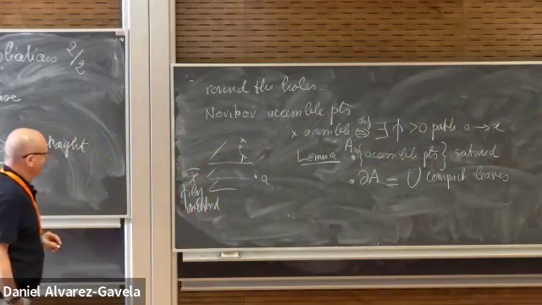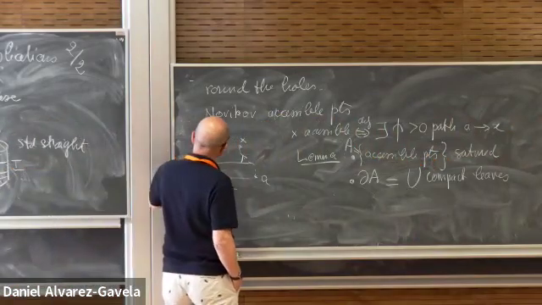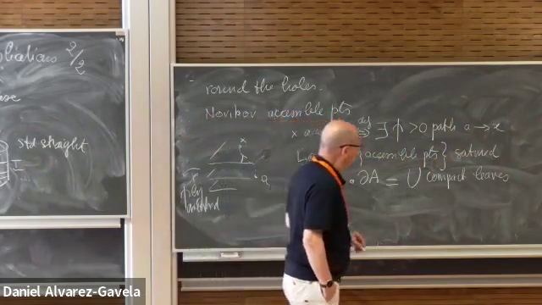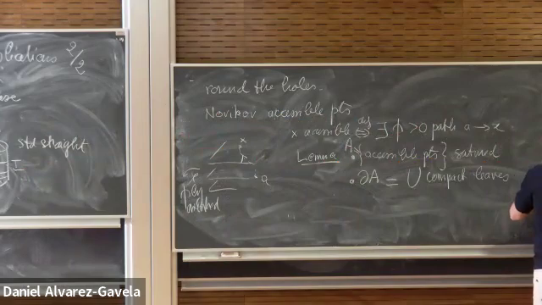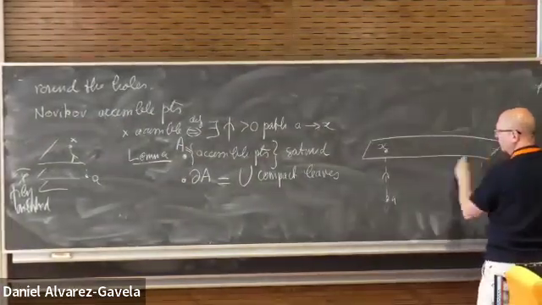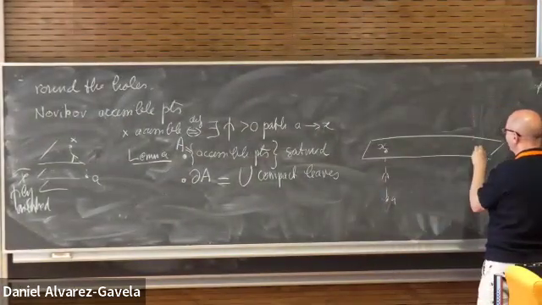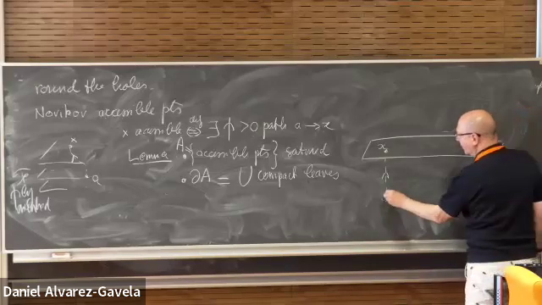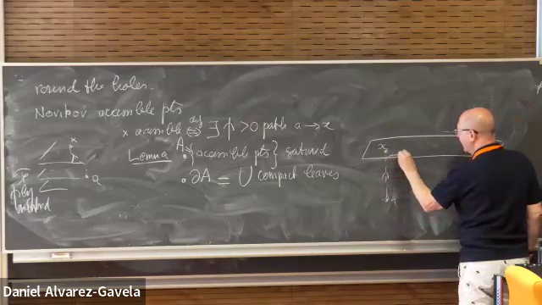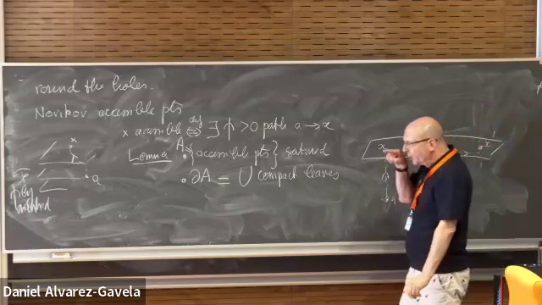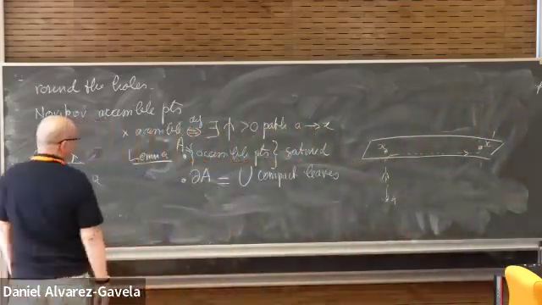So let's verify these 2 very elementary facts. Saturated is really clear. If I can go to X by a transverse positive path, and if I have an X prime in the same leaf as X, of course I can do this, and then continue to be transverse, almost parallel to the leaf, to go to X prime.